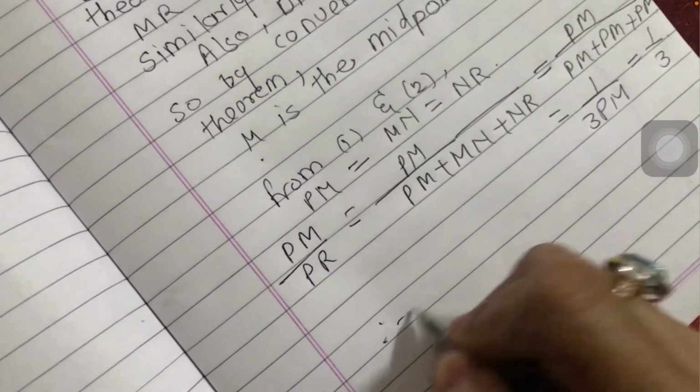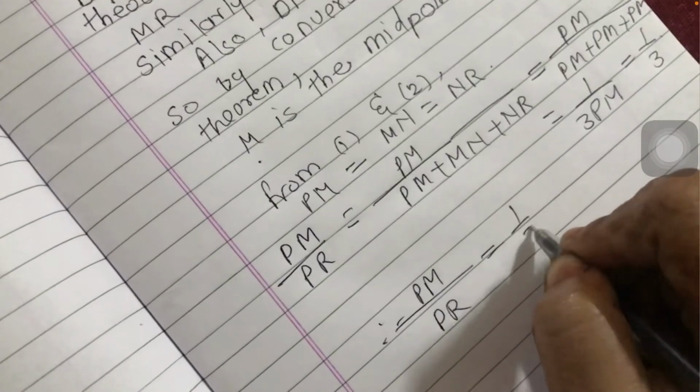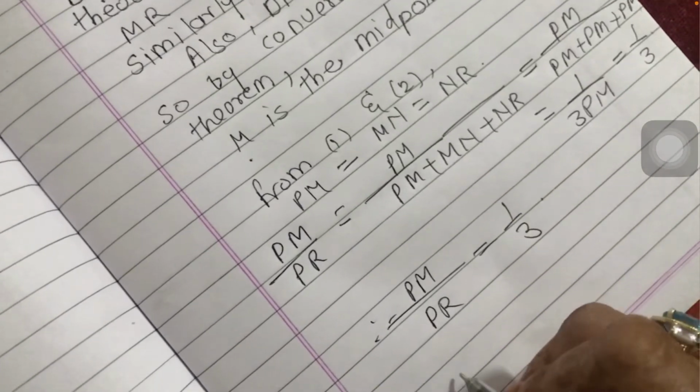So student, PM upon PR is equal to 1 upon 3. Hence proved.